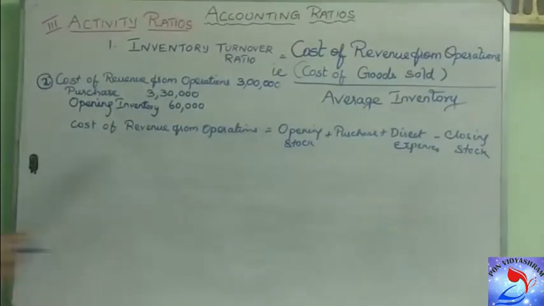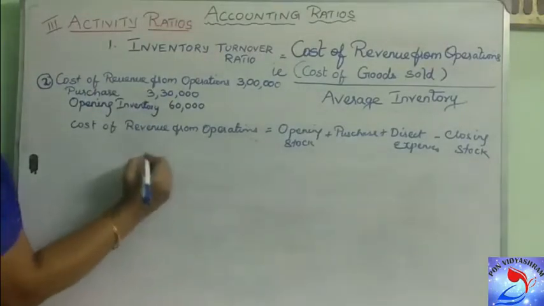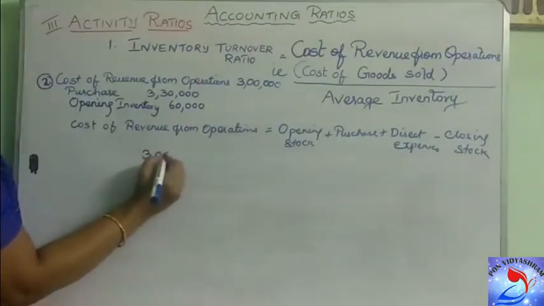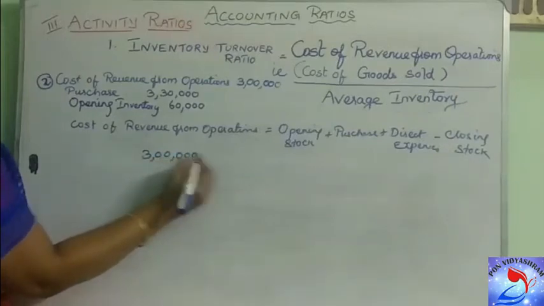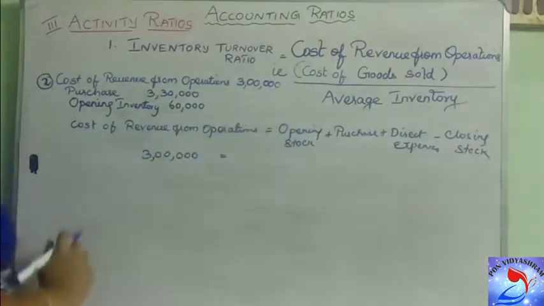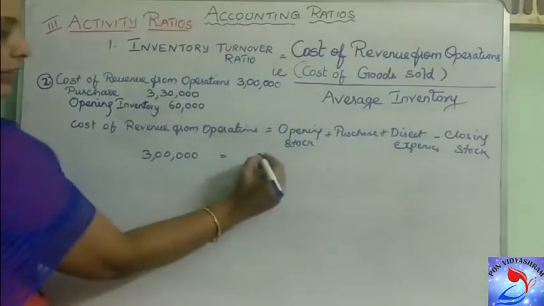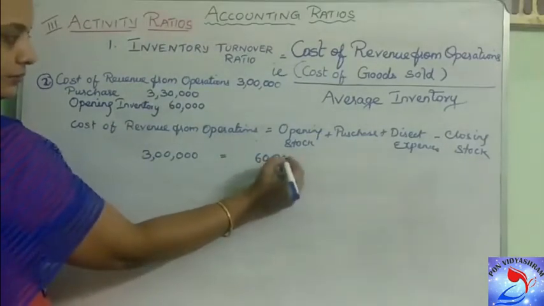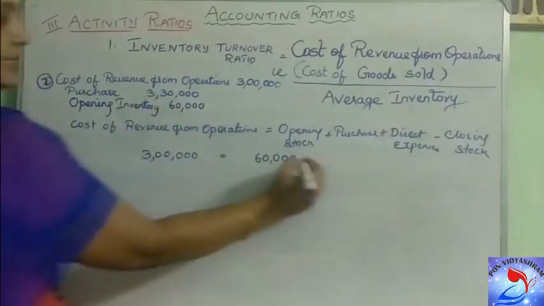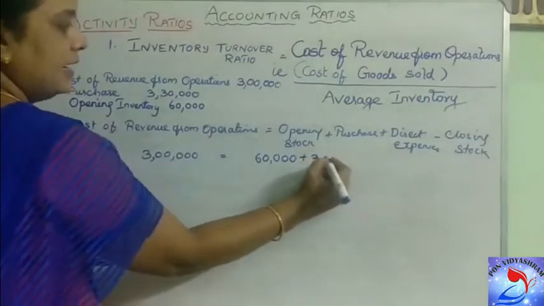Now with this formula, can we find out the closing stock? Yes, obviously we can do it. Now we have the revenue from operation as 3 lakh, the opening stock which is given here, 60,000, and the purchases, that is 3,30,000.